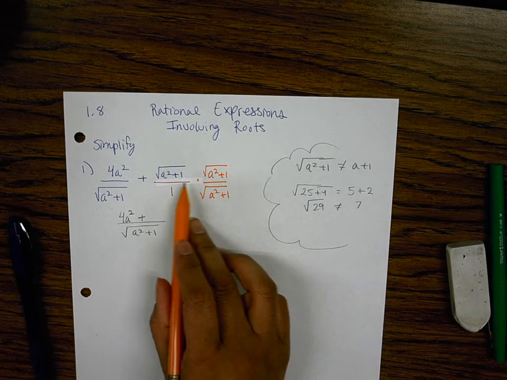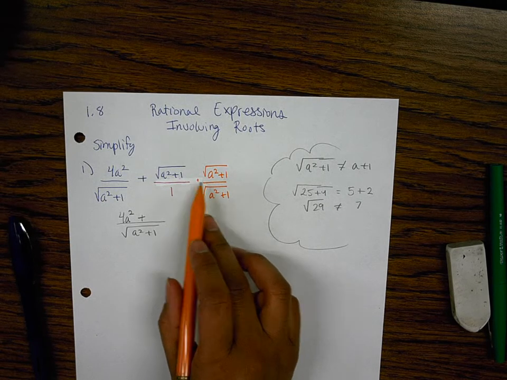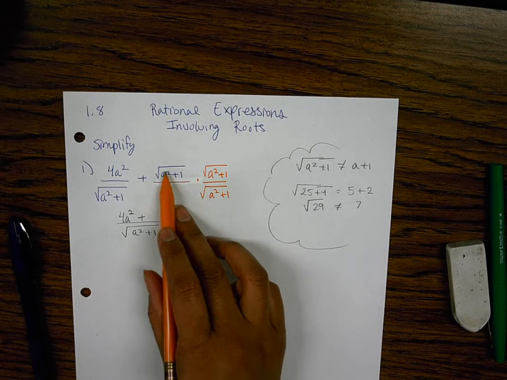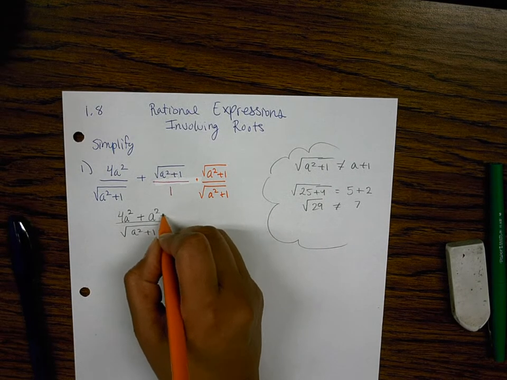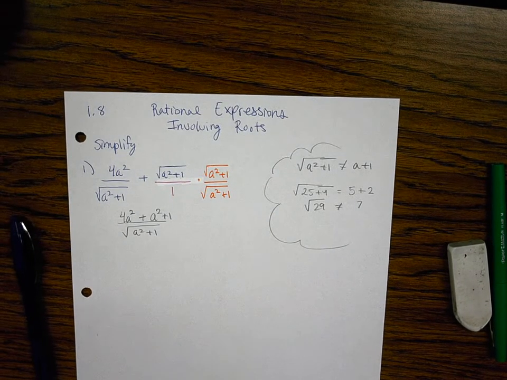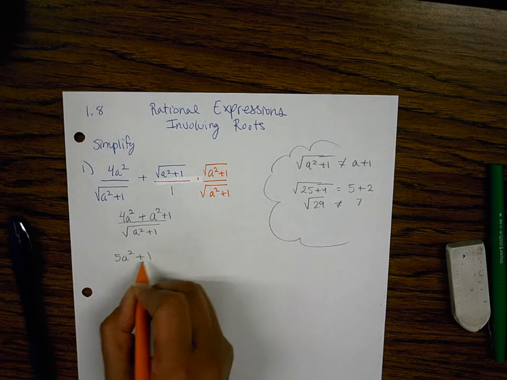I'm hoping you see that these two things are exactly the same. So the square roots will undo each other. The square root of a squared plus 1 times the square root of a squared plus 1 is simply a squared plus 1. The radicals undo each other, like root 5 times root 5 is 5. Same concept.